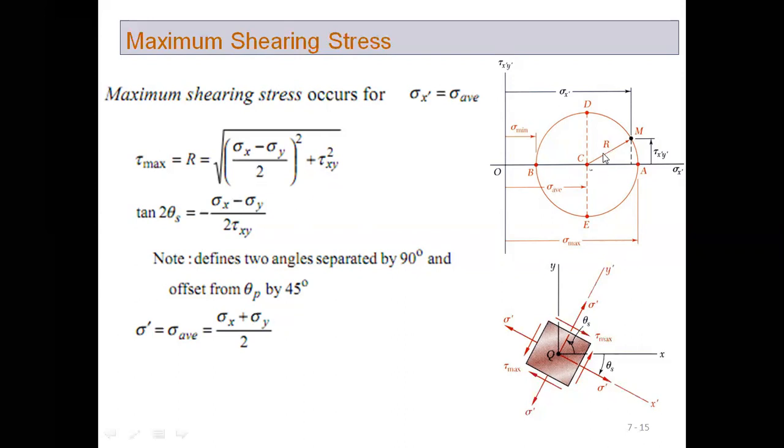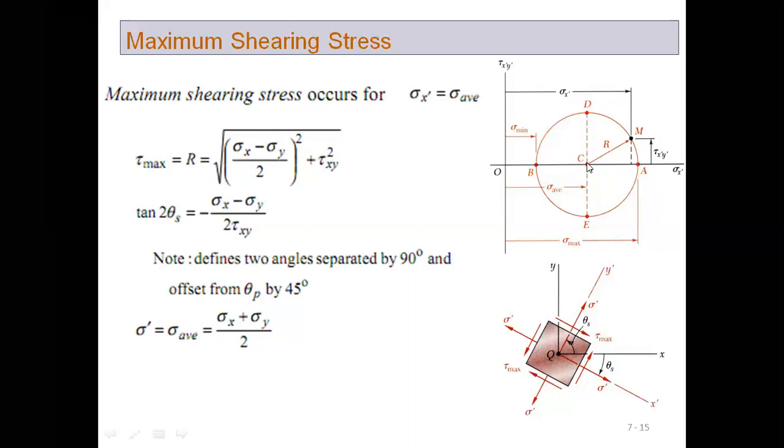And the angle, this is the x prime axis, and this angle is 2 theta s. And tan 2 theta s is equal to minus sigma x minus sigma y by 2 tau xy. And corresponding to this point D, what is the corresponding normal stress?